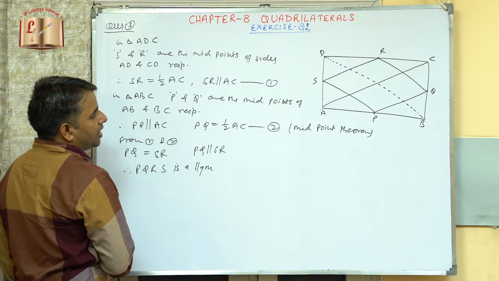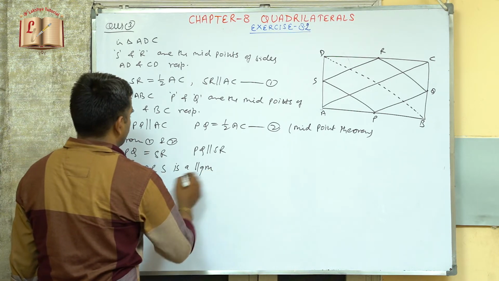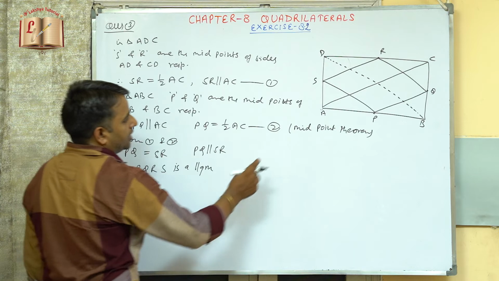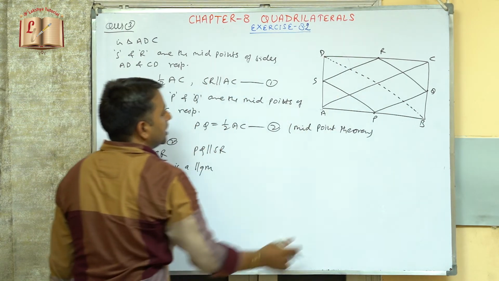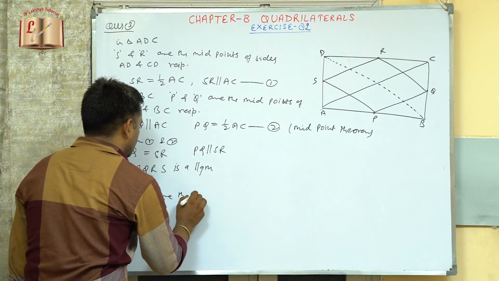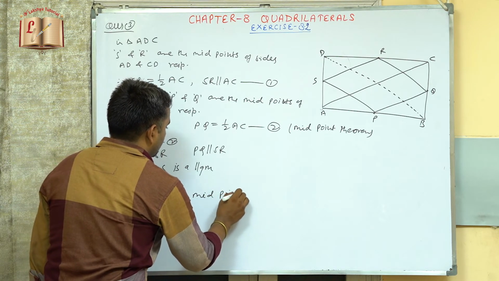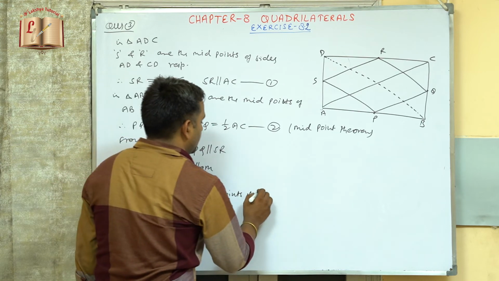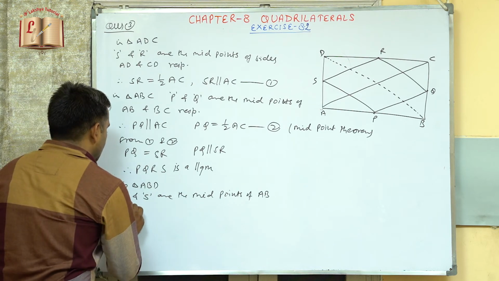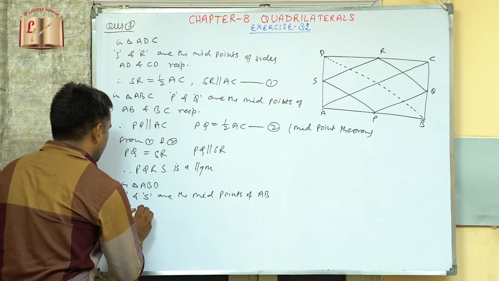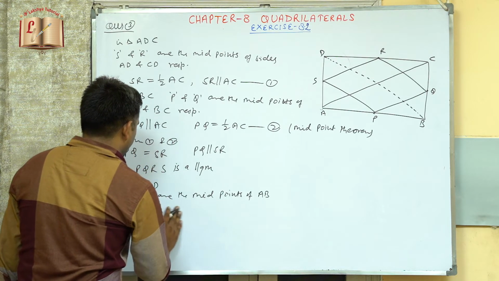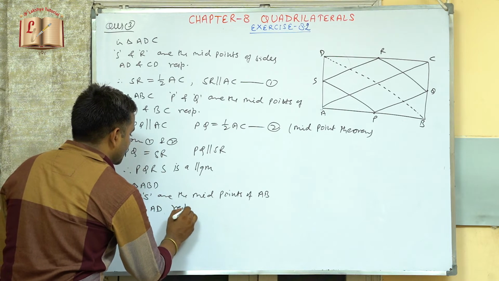So taking BD as a diagonal, now in triangle ABD, P and S are the midpoints of AB and AD respectively.